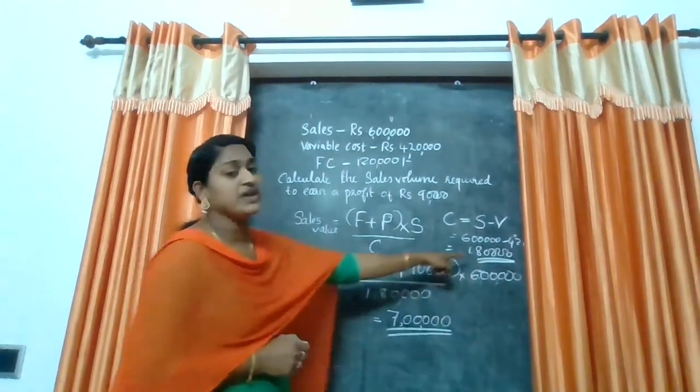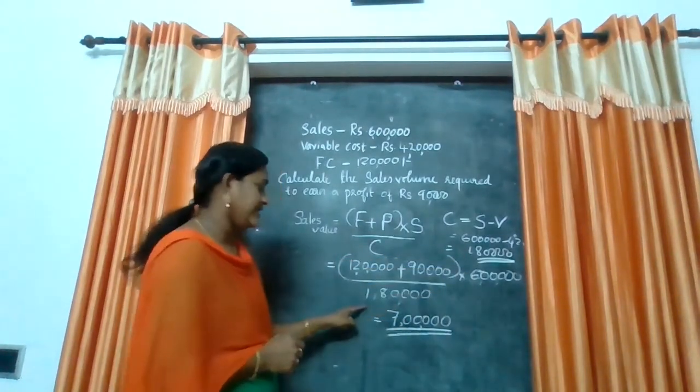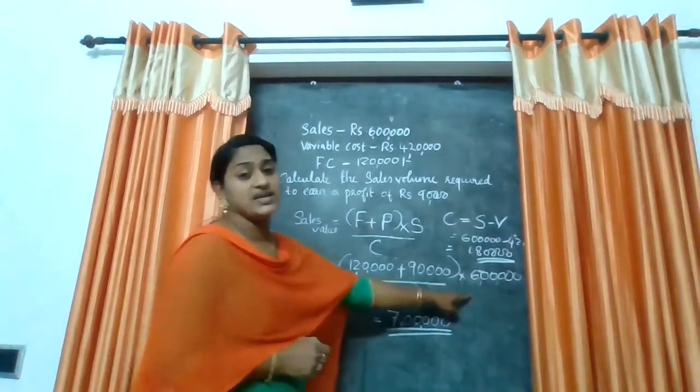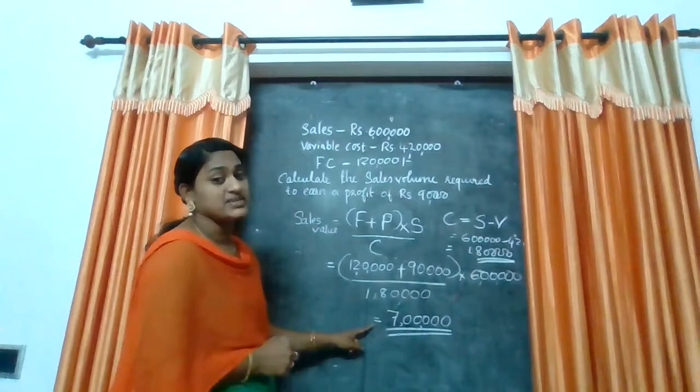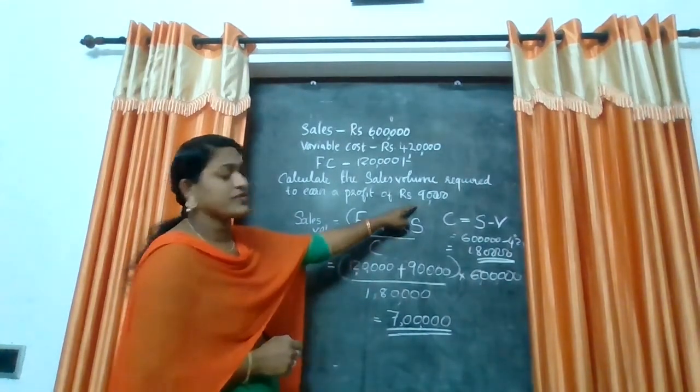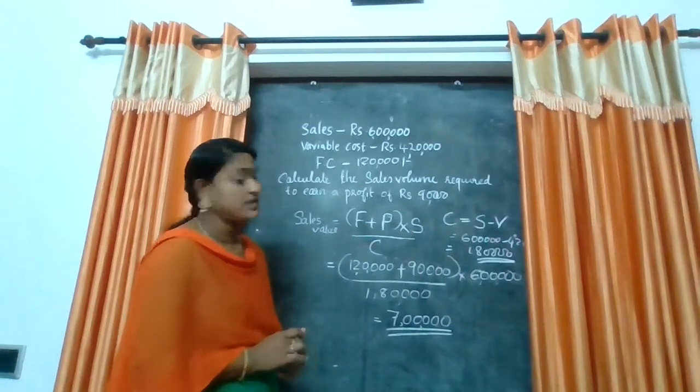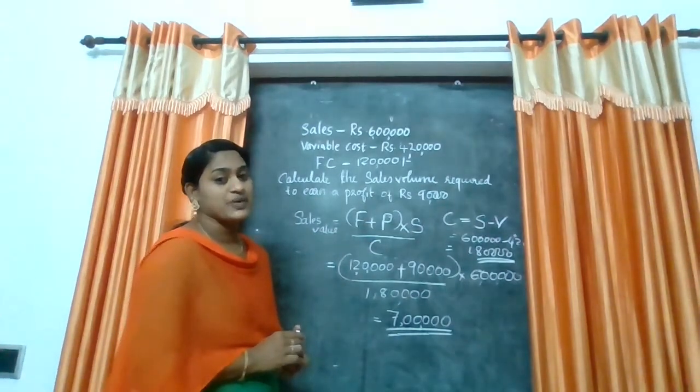Then contribution we have calculated, 1 lakh 80,000, into sales 6 lakh. So we will get 7 lakhs. The sales volume 7 lakhs can bring 90,000 profit.